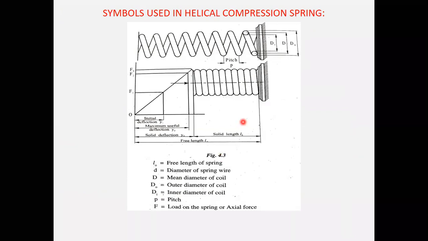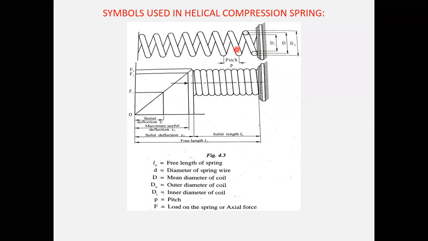And next, what are the symbols which you are going to use in the helical spring. Here you can see the first spring is in unloaded condition. Unloaded means you have not applied the load. The best example is the pen.